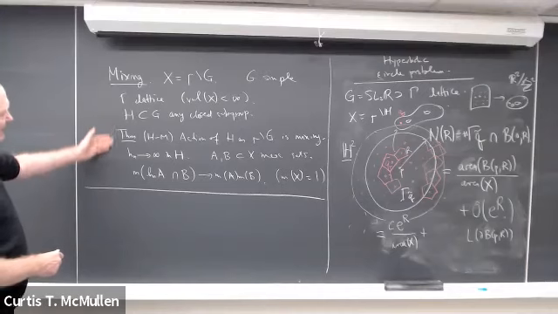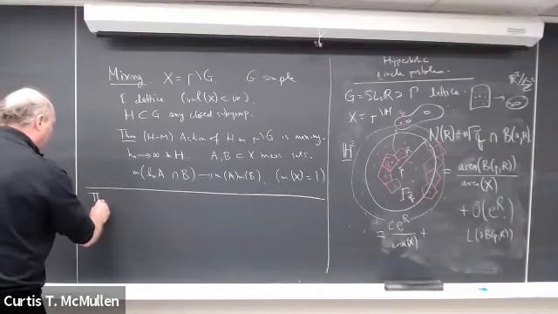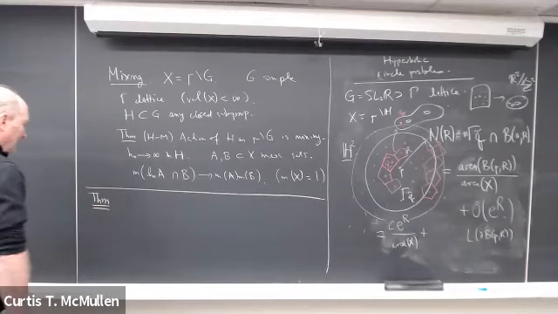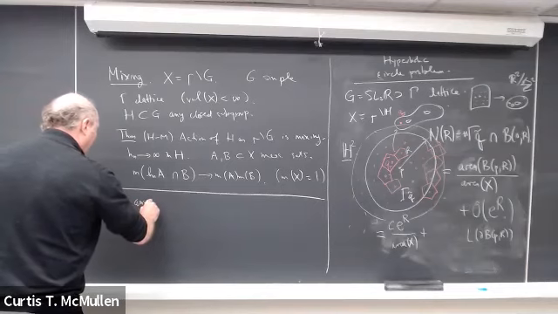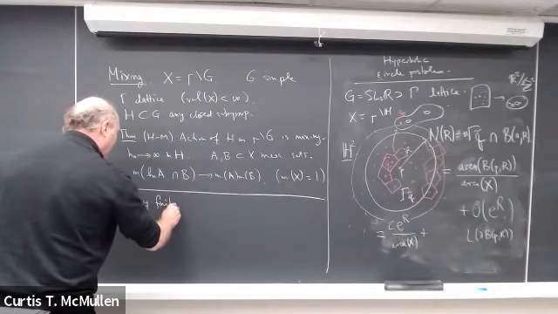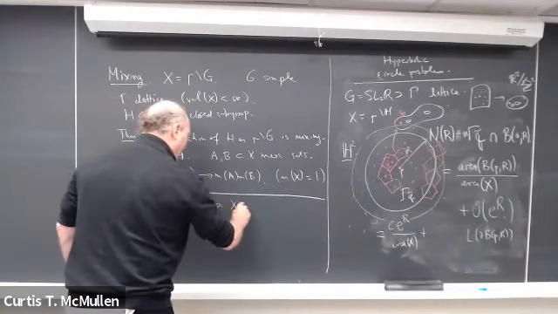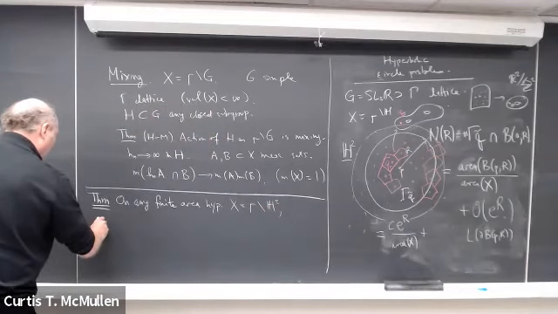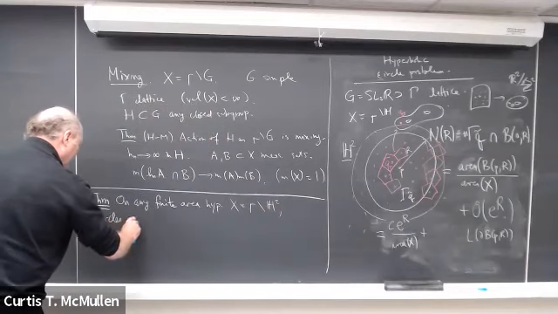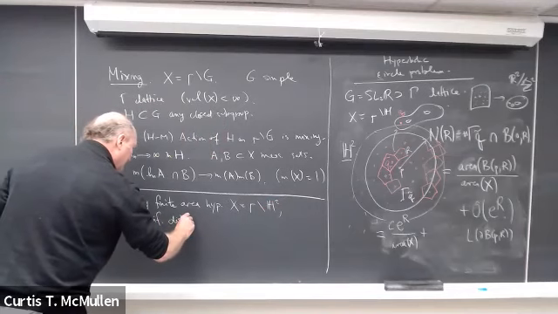And one thing you can prove using this theorem, as I sketched last time, is the following theorem, that on any finite area hyperbolic surface X = Γ\H2, circles are uniformly distributed.